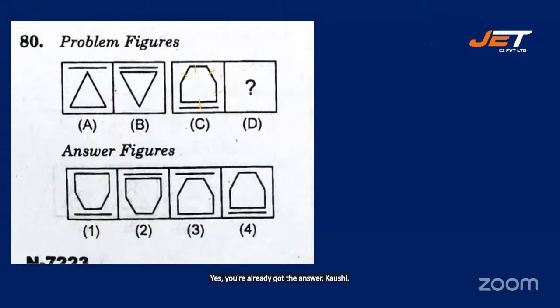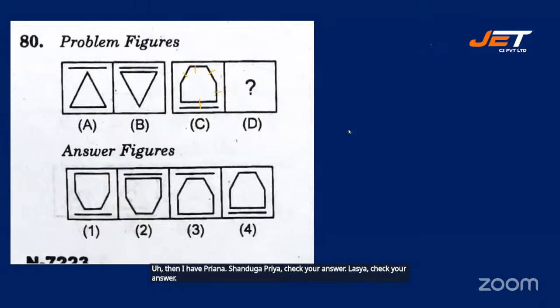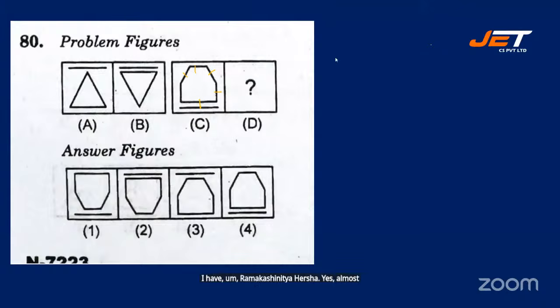Mallika, check your answer. Ramakrishna. Then I have Prerana. Shanmuga Priya, check your answer. Lasya, check your answer. Mokshita. I have Ramakrishna, Srinitya, Harsha. Yes, almost all have given me option 1, which is correct, isn't it?